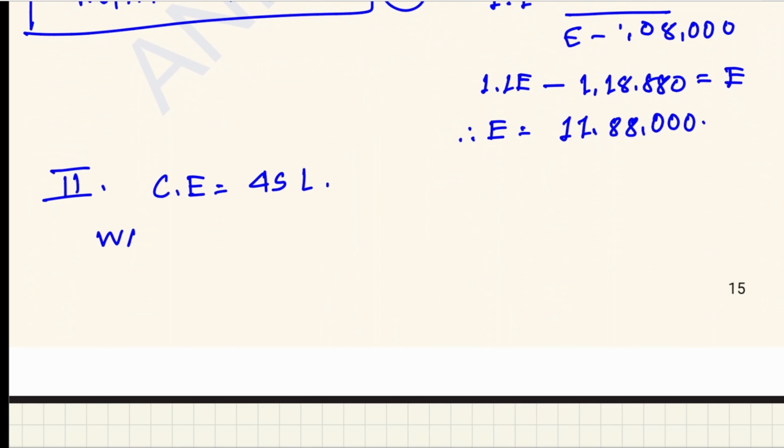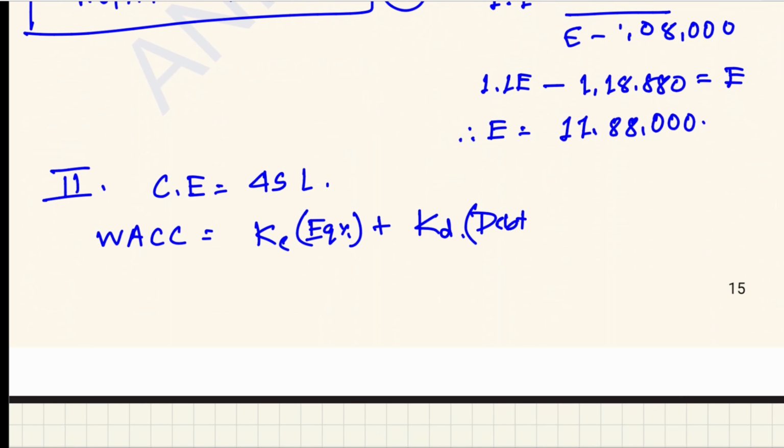Then weighted average cost of capital. How to calculate this? This is equity and debt in their percentage. You have to add, and debt you have to multiply with 1 minus tax rate, because on the interest there is no tax applied.